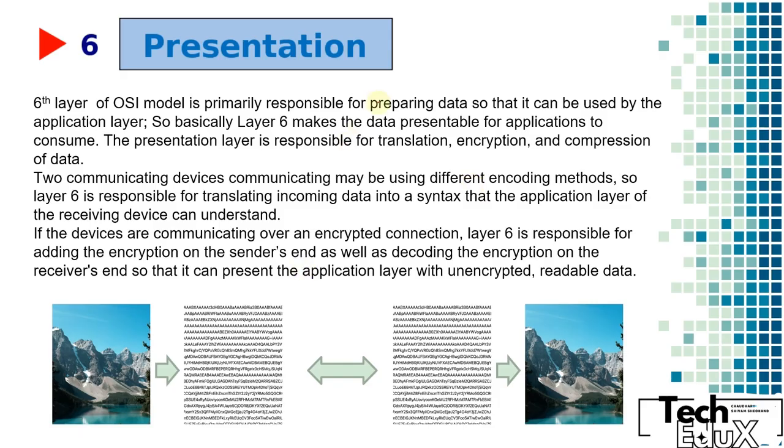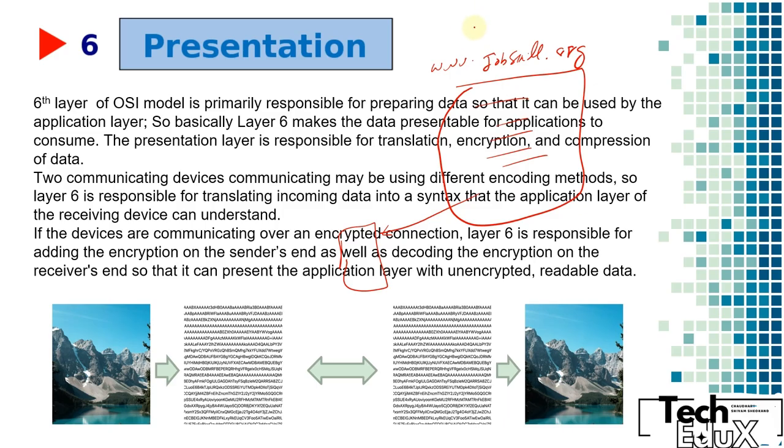So whatever the data, for example, I'm surfing the web using www.jobskillshare.org. Whatever the contents or the page I'm going to receive on my computer will be in an encrypted format if it is secured, if it is using SSL or HTTPS.